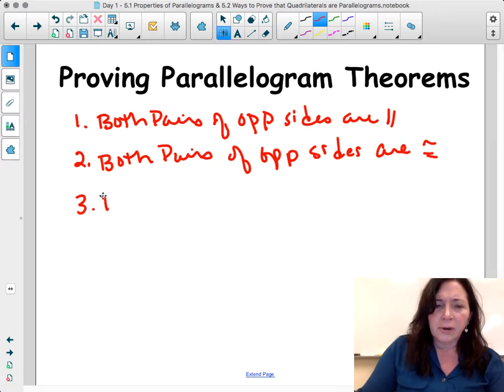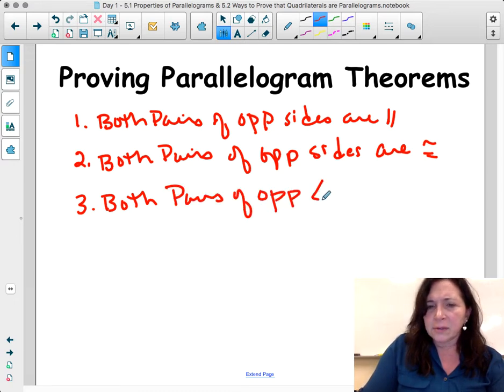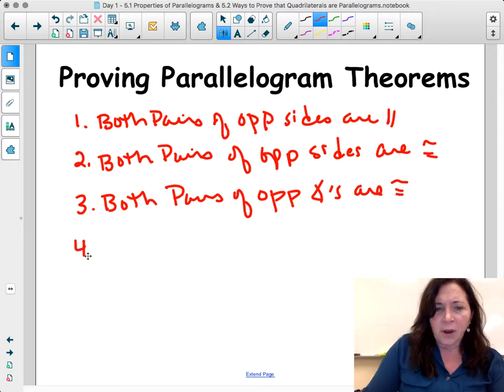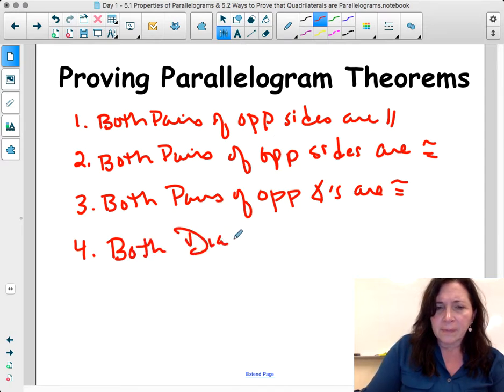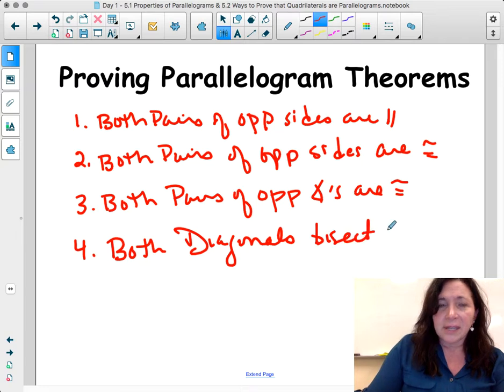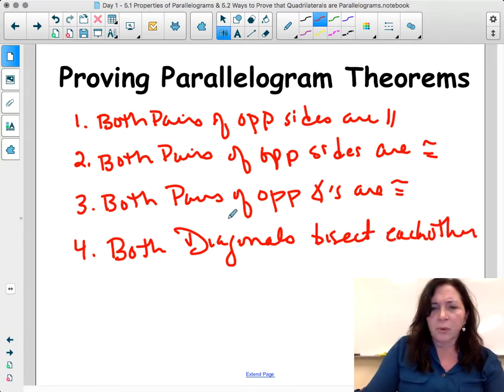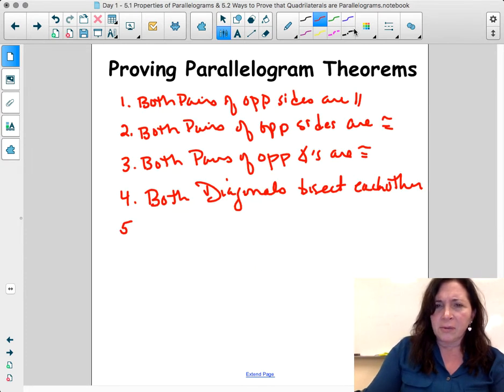We've gone over that both pairs of opposite angles are congruent, and we've gone over that both diagonals bisect each other. Okay, all very important.